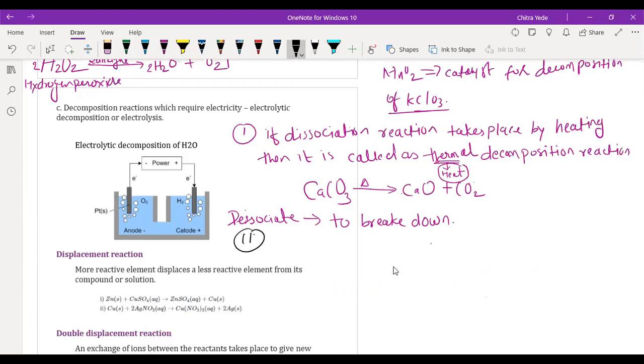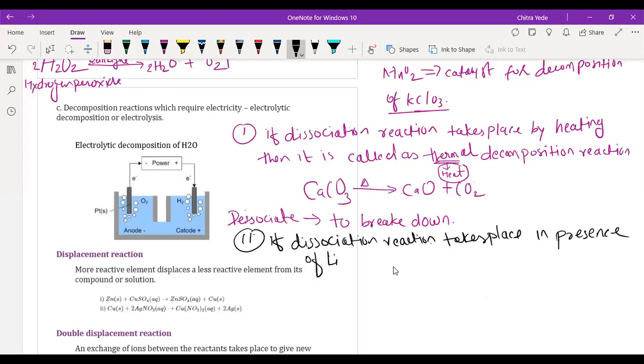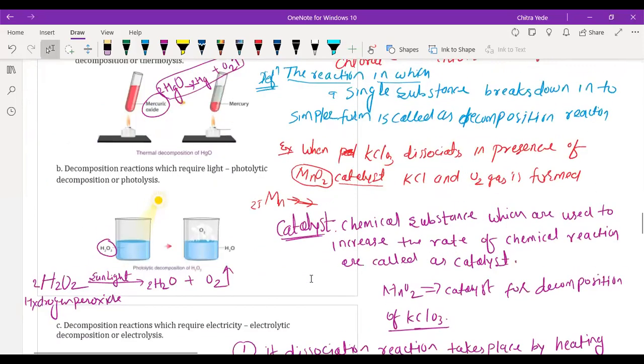Number 2, second, if a dissociation reaction takes place in the presence of sunlight, like ultraviolet rays, then it is called, the name is written over here, photolytic.